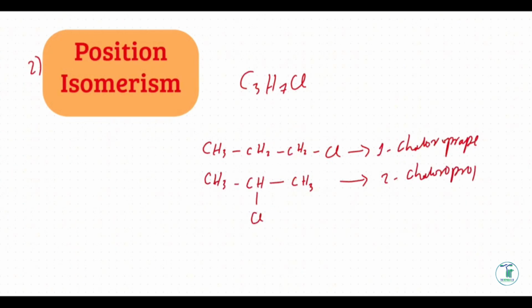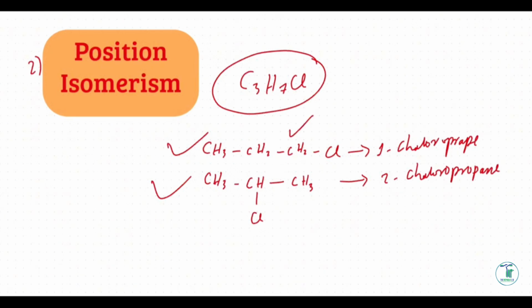So this is the way, having the same molecular formula, this compound is making two different structures. That's why we call it position isomerism, because of the change in position of the chlorine. In the first case, chlorine was attached to the first carbon, while in the second case, chlorine is attached to the second carbon. So because of the change in the position of the chlorine, there is a change in the structure of the compound. That's why we call it position isomerism.